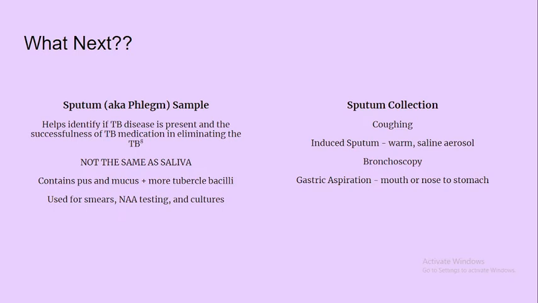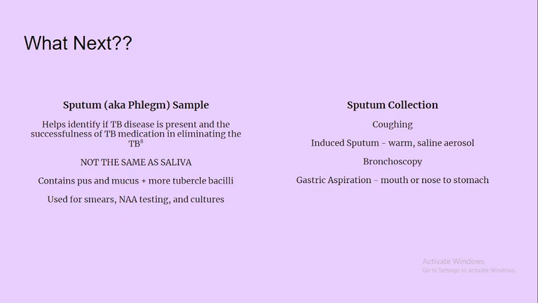The sputum contains more pus and mucus and really comes from your lungs, and it will have more of the tubercle bacilli than something such as saliva. This sputum is used for smears, nucleic acid amplification testing, and for cultures. It's usually collected one of four ways.